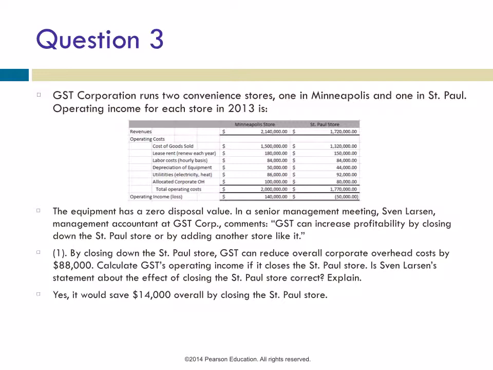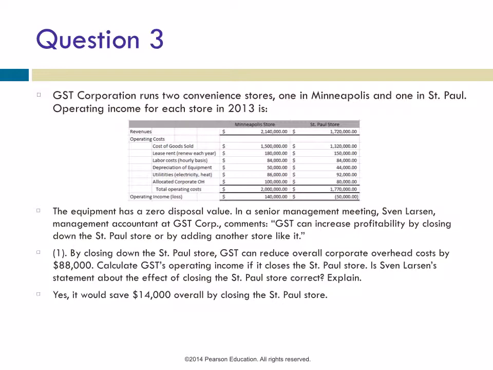Add back in cost of goods sold, 1,320,000. Add back in lease rent, 150,000. Add back in labor costs, 84,000. Depreciation of equipment is basically an accounting fiction. It's just a book expense, so it's not something we're actually going to be saving by closing down the store.